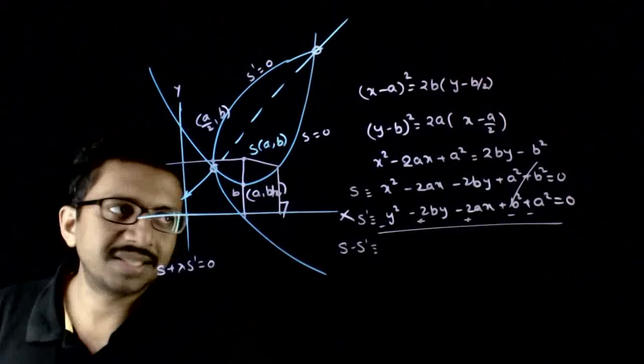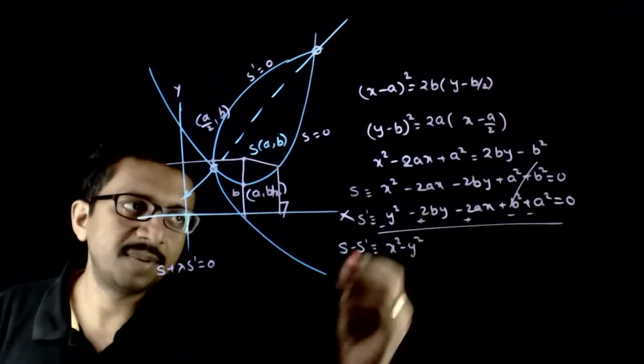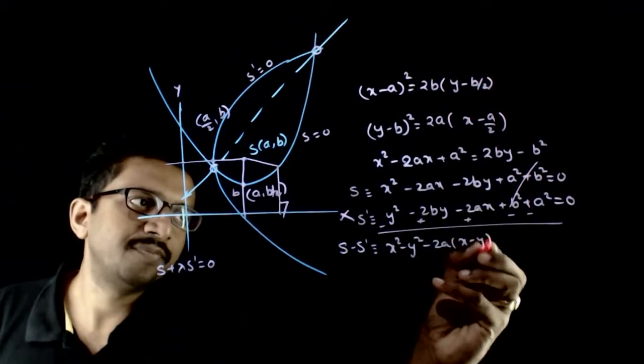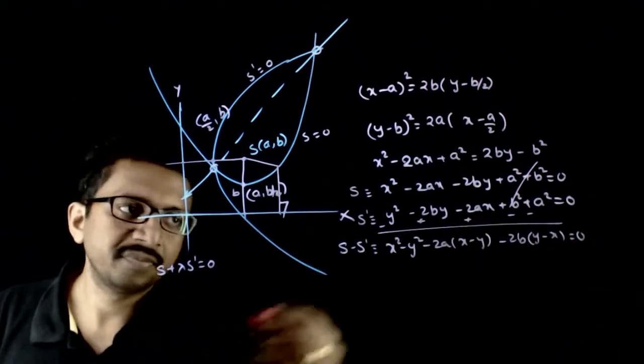If you take S minus S', these two get cancelled out. So you have x squared minus y squared, minus 2a times (x minus y), minus 2b times (y minus x) is equal to 0.